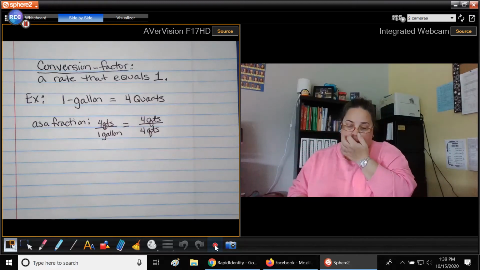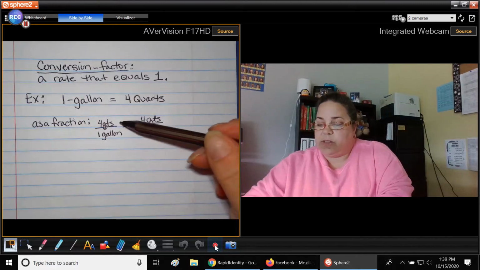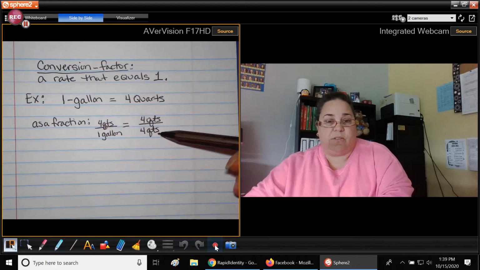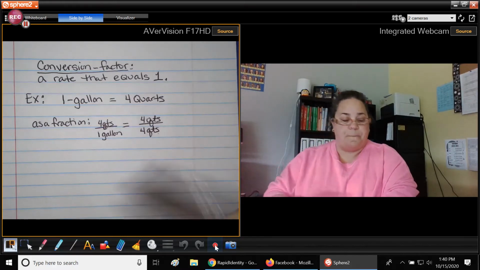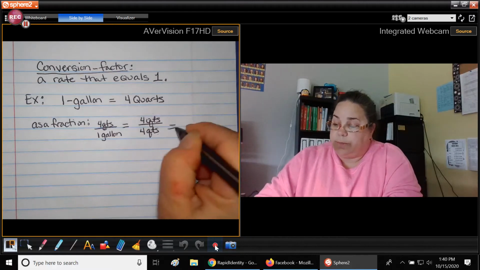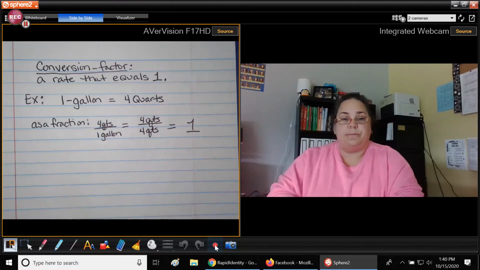That's how you would write it. So 4 quarts to 1 gallon is the same thing as saying 4 quarts to 4 quarts. Okay? Well, okay. And they all equal 1.